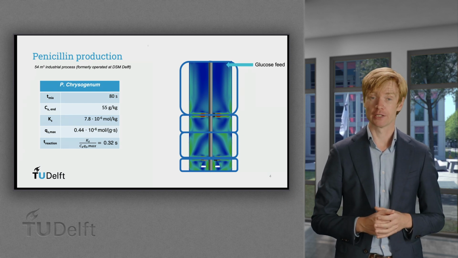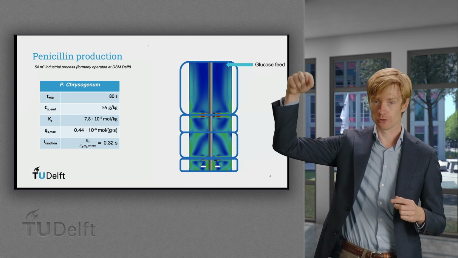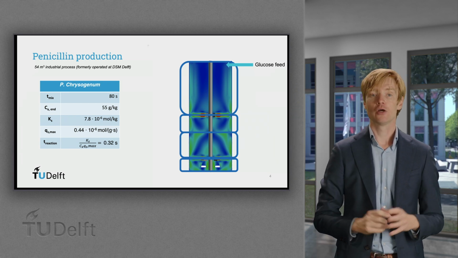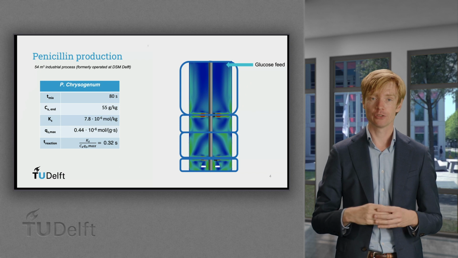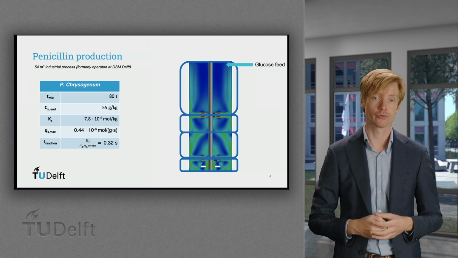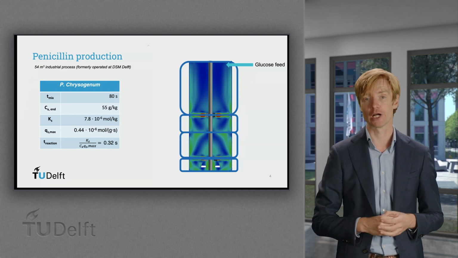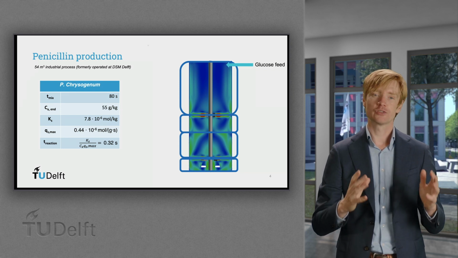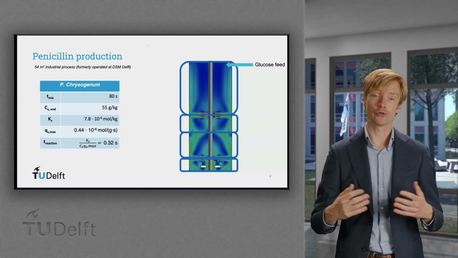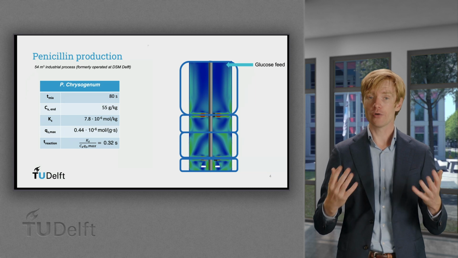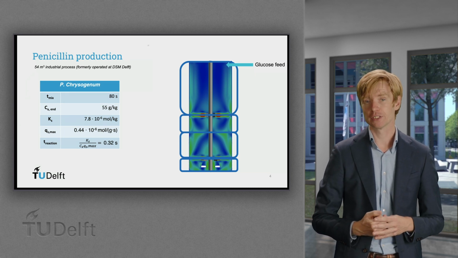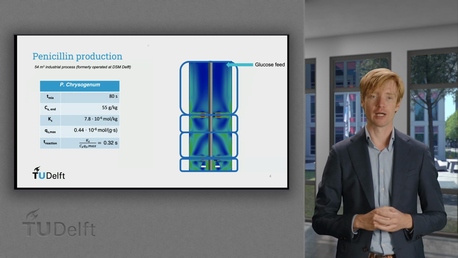Now we add biokinetics to our simulation and add a glucose feed at the top. We consider the end of the fermentation with a high and fixed biomass concentration of 55 grams of dry weight per kilogram. Simple monokinetics are used to model glucose consumption. And knowing that the fermentation is glucose limited, we can compute a reaction time scale.